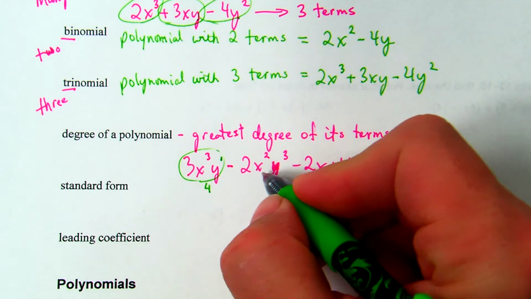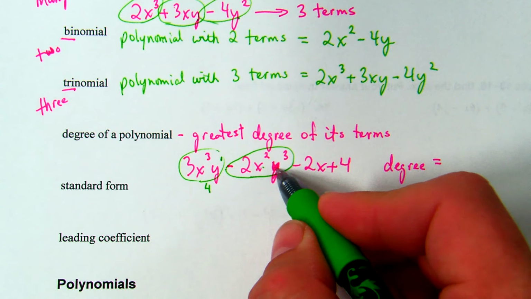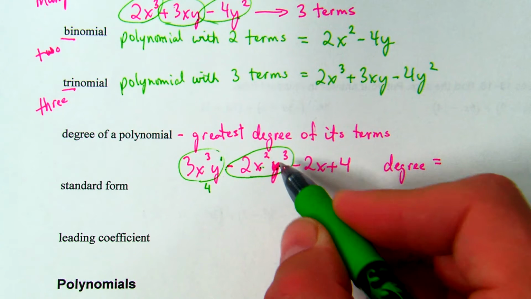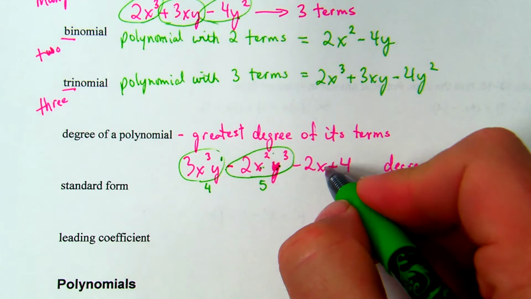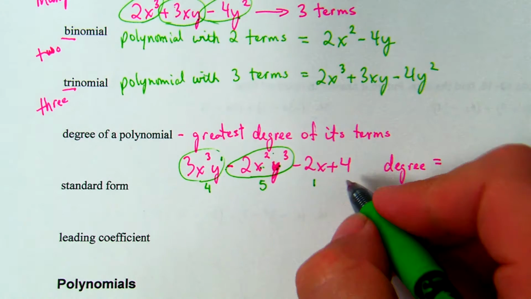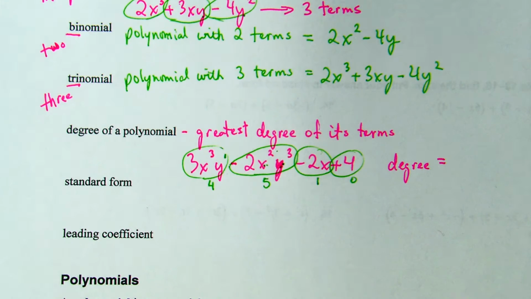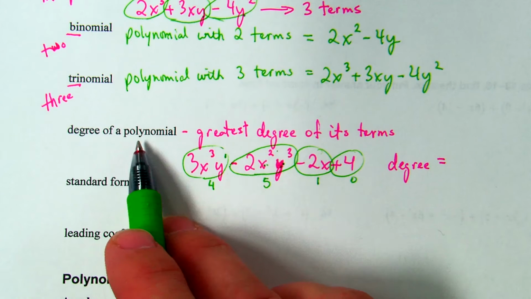The degree of this term right here, we have two different variables. There's 2 x's multiplied and there's 3 y's multiplied, so 2 plus 3 is 5. Here we only have 1 degree, and there we have 0, according to our definition of degrees of monomials. So, what is the degree of this polynomial?